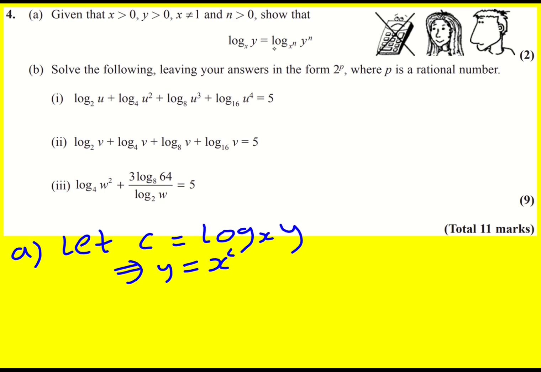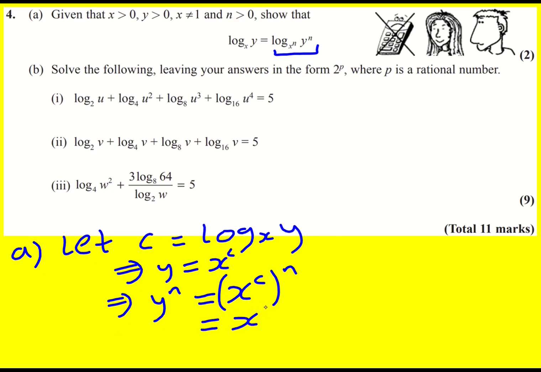And we want to show that c is also equal to log to base x to the power n of y to the n. What we can do is try and change the base to x to the n. So this means that y to the n will equal x to the cn, or x to the c to the n, maybe I should write.